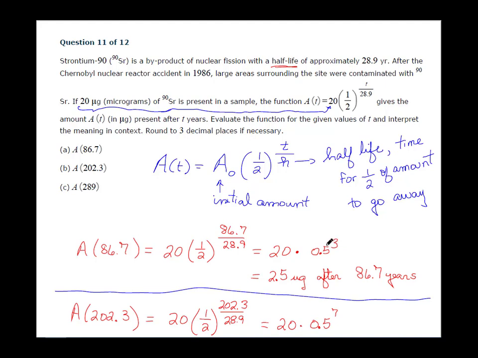All right, so let's see. You started with 20. You would halve it to 10. Halve 10 again to 5. Halve 5 again to 2.5. And if you do the calculation here, that's exactly what you see.